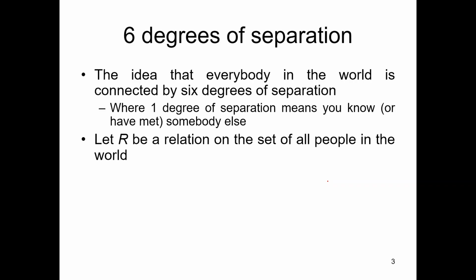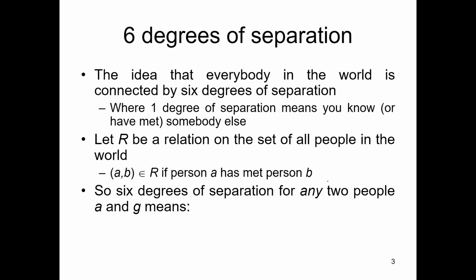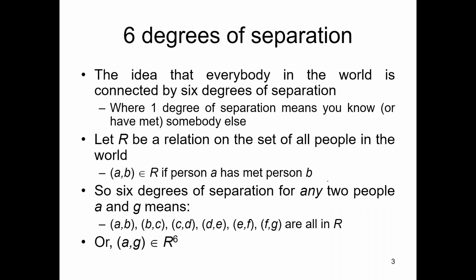So let R be a relation on the set of all the people in the world, and (A, B) belongs to the relation R if person A has met person B. So 6 degrees of separation for any two people A and G means A has met B, B has met C, C has met D, D has met E, E has met F, and F has met G. And therefore they all are in R. So therefore you can say that (A, G) belongs to R raised to 6 because there are 6 degrees of separation.